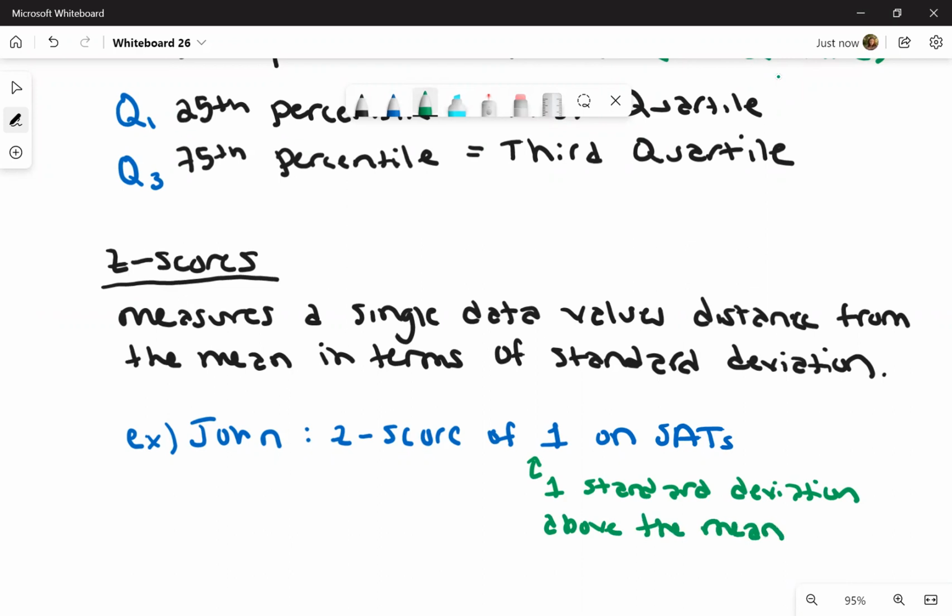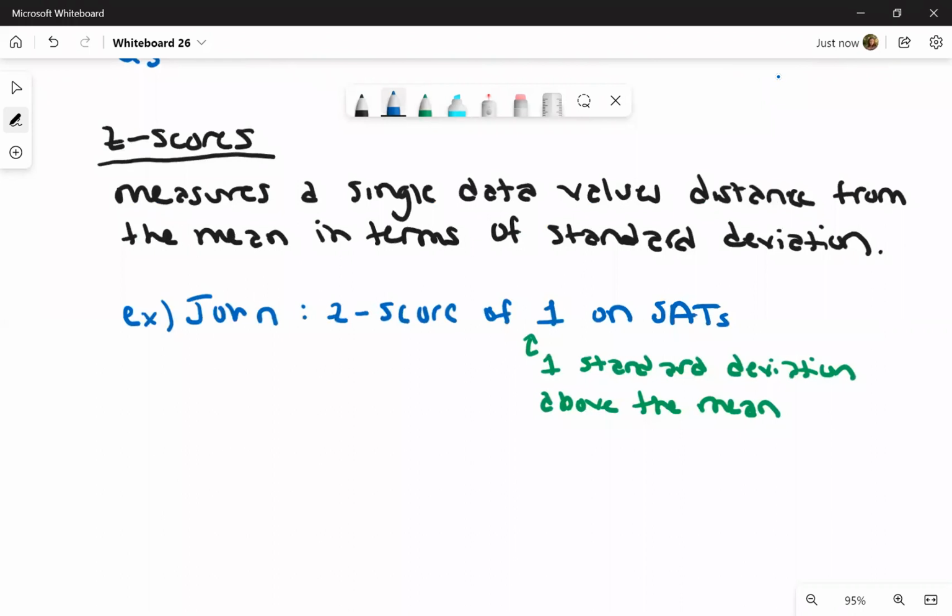All right. And then let's say Bev also took the SATs and she got a z-score of 2. That means she's 2 standard deviations above the mean.